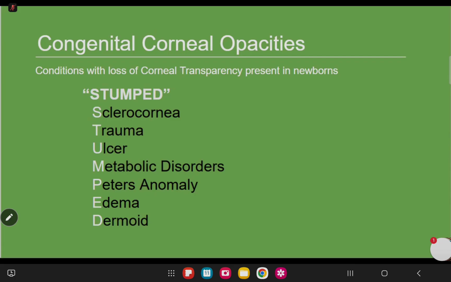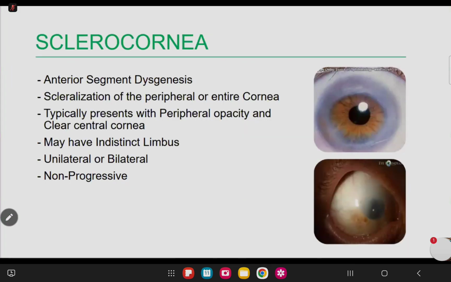So for any children presenting with corneal transparency issues and corneal opacities, we think of STUMPED. Could be a sclerocornea, could be from trauma, ulcer, metabolic disorders, Peters anomaly, edema, and dermoid. So we'll be discussing each of them.